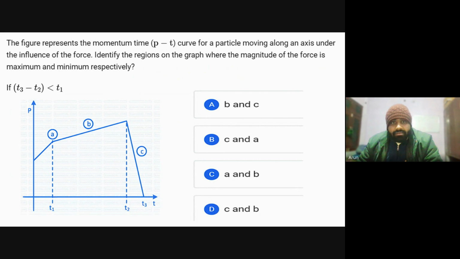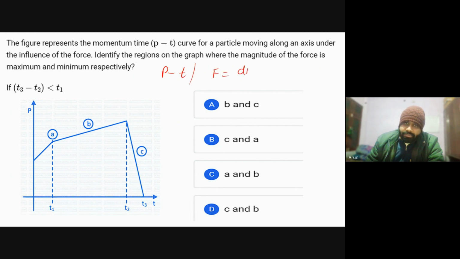Identify the region on the graph where the magnitude of the force is maximum and minimum respectively. Now, a PT curve is given to you. This is a PT curve. We know that force is nothing but dP by dt, change in momentum per unit change in time.